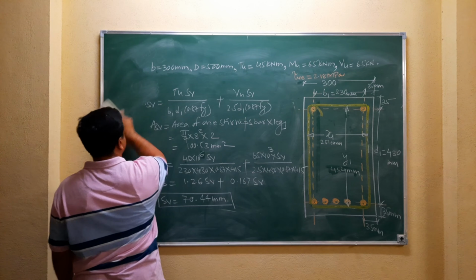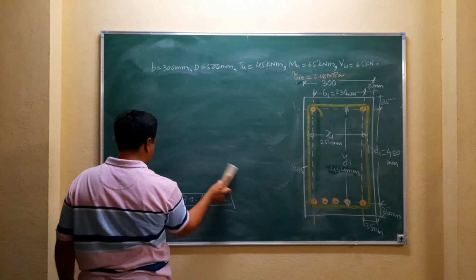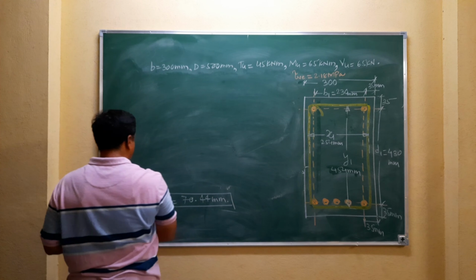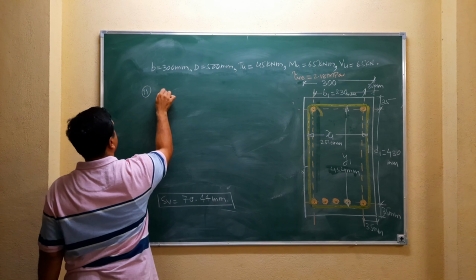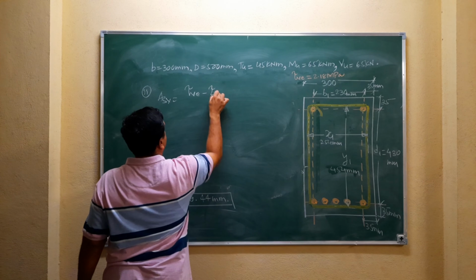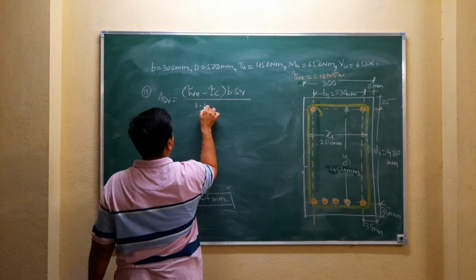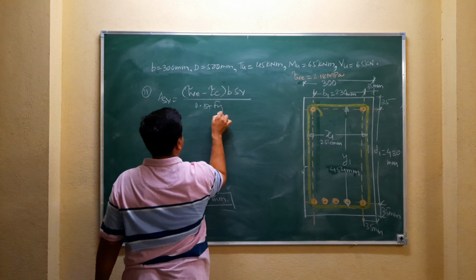Now, as per IS code, what is the second value of spacing? Second value is ASV equal to tau V minus tau C into B into SV divided by 0.87 Fy. ASV we know is 100.53. Tau V is 2.18, tau C is 0.48. We know that width is 300.